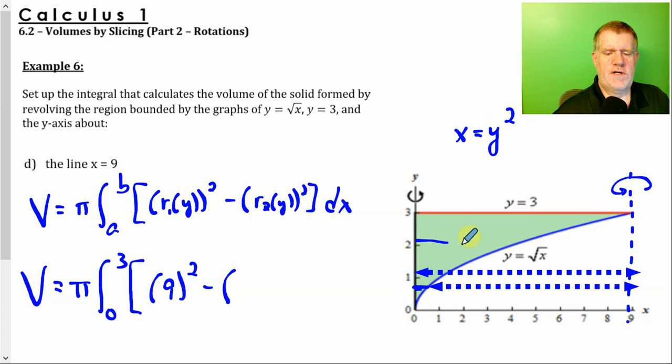If we're going up here, that's y squared. It all depends on how you think about it, like where you go to and from. But it's always the same: the distance from here to the edge is always 9, and I'm taking out these pieces, and these pieces are y squared.